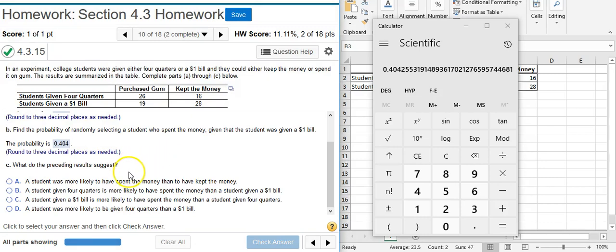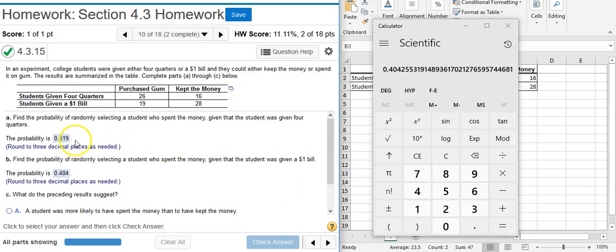And the last part, C, asks, what do the preceding results suggest? Well, before we look at our answer options, let's look at what the preceding results actually are. So here we've got 2 probabilities. They're both probabilities for students who spend the money, but the condition is the thing that's different between them.